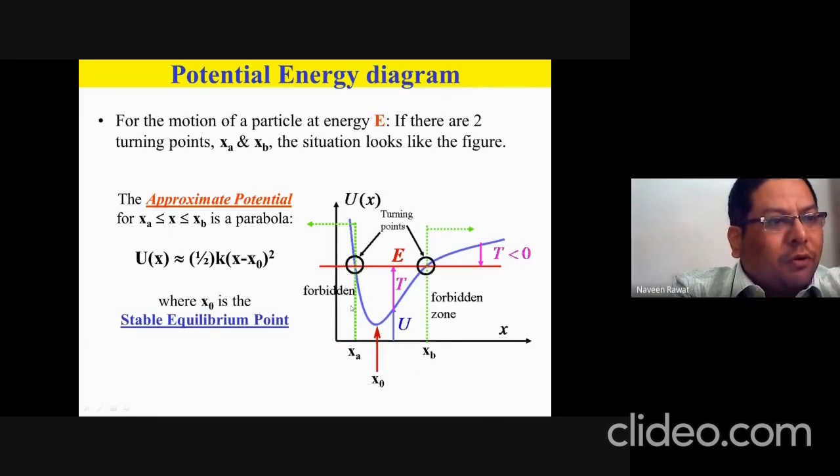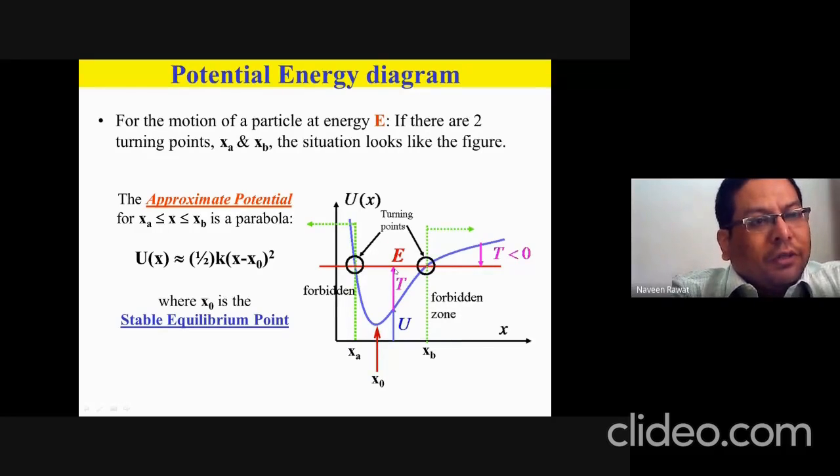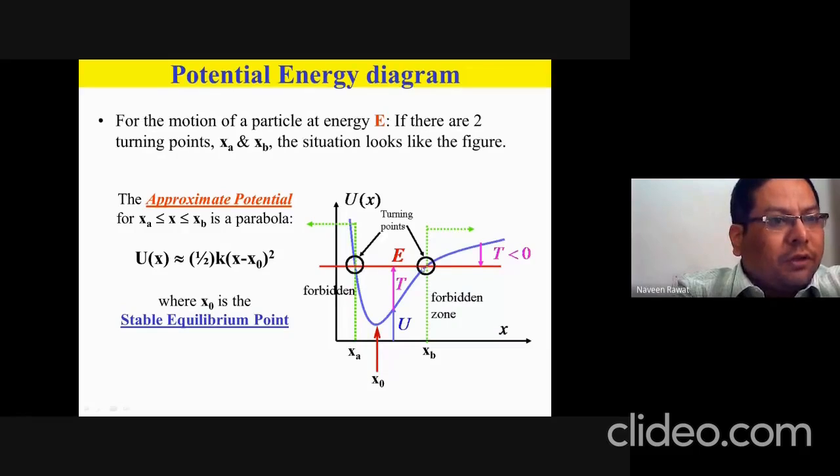So that is how the bounded potential looks. What we call x0 is a stable equilibrium point, and it will be apparent why we call it a stable equilibrium. At any position, there is some potential energy present in the particle, and if you provide it some kinetic energy, then it can gain some amount of energy, and that can be represented as E. Within this bounded region is where the energy is localized.